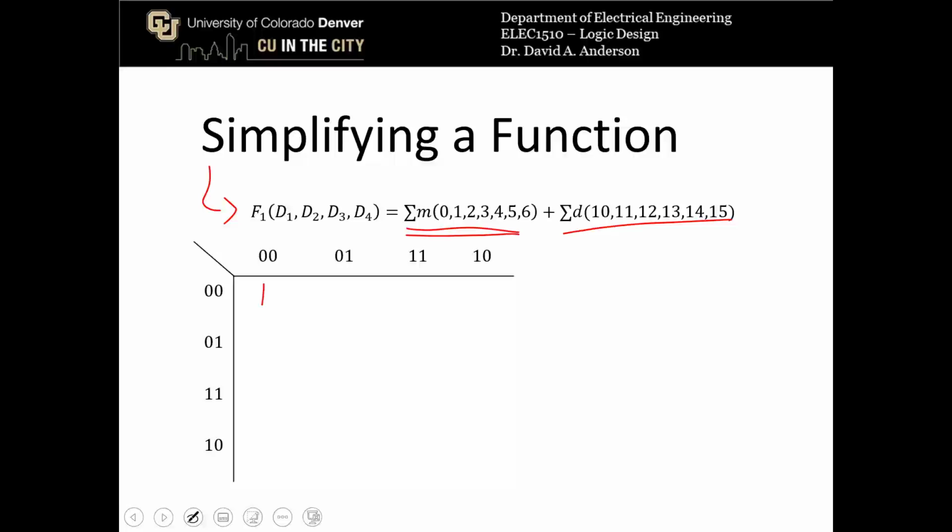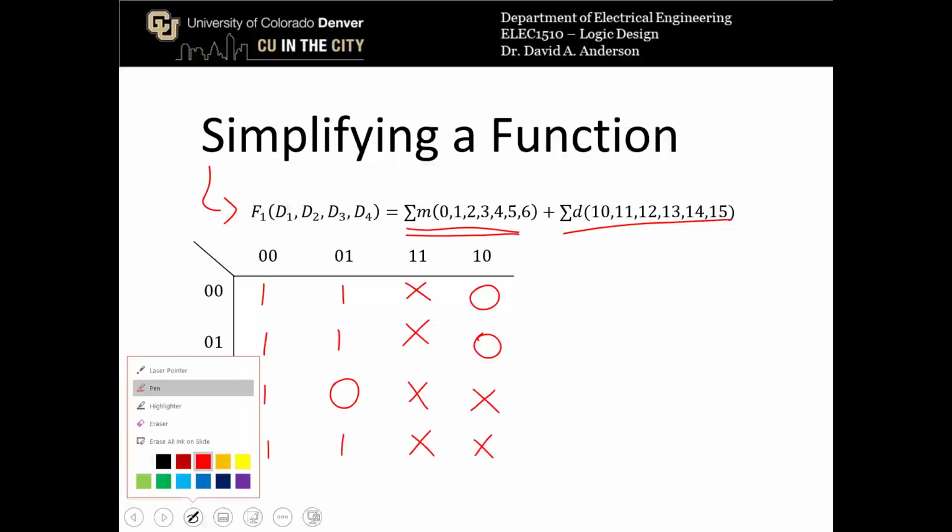That's 0, 1, 2, 3, 4, 5, 6. Then the don't cares are 10, 11, 12, 13, 14, 15, and then zeros for the remaining minterms. So now we have to circle all possible ones, and we can include any x's that allow the bubbles to be maximized.